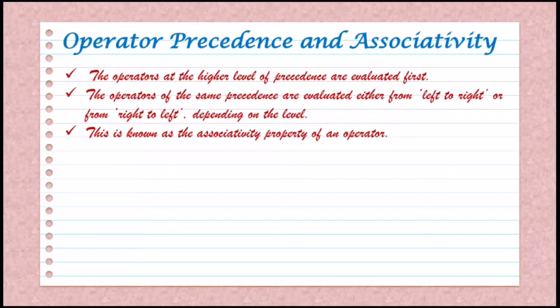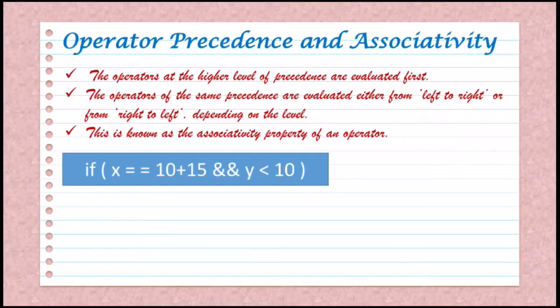Consider the given statement: if x equal to 10 plus 15, then the logical operator AND, next, y is less than 10. The precedence rule says that the addition operator has a higher priority than the logical operator AND, the relational operator equal to and the less than symbol.